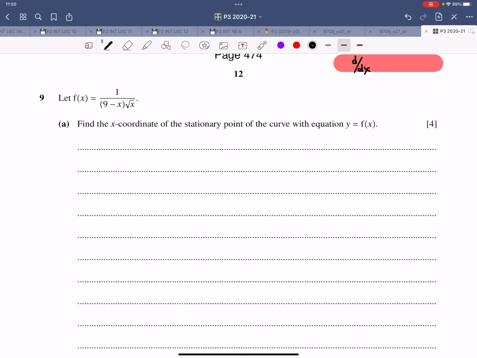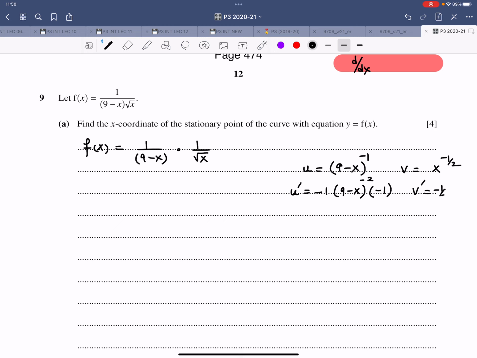Can I write this thing as f(x) equals 1 over 9 minus x multiplied with 1 over root x? I can write it like this. So basically it's a scenario of product rule. So therefore u is equal to 9 minus x raised to the power of minus 1. v is x raised to the power of negative half. u prime is minus 1 times 9 minus x to the power of minus 2, since the derivative of the bracket is minus 1. v prime is minus half x, and the power reduces because this is differentiation, minus 3 over 2.